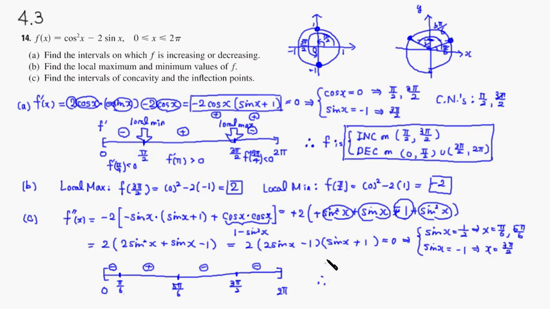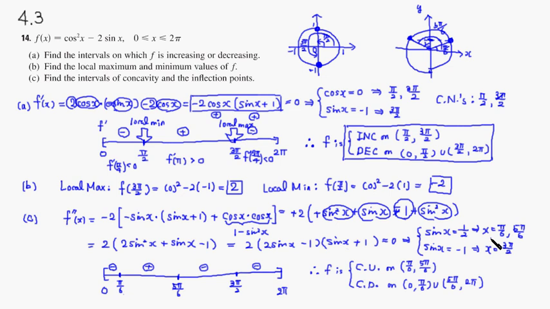So therefore, f is concave upward on the interval between pi over 6 and 5 pi over 6, or concave downward on the intervals from 0 to pi over 6 and from 5 pi over 6 all the way to 2 pi.